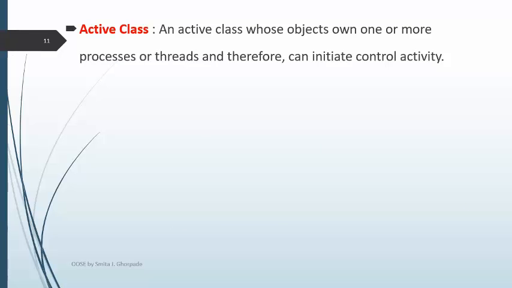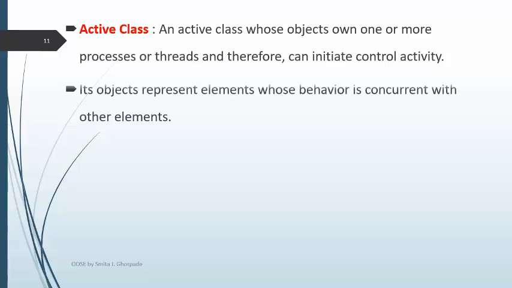Active class. An active class is a class whose objects own one or more processes or threads and therefore can initiate control activities. To show the concurrent execution, we can use an active class.